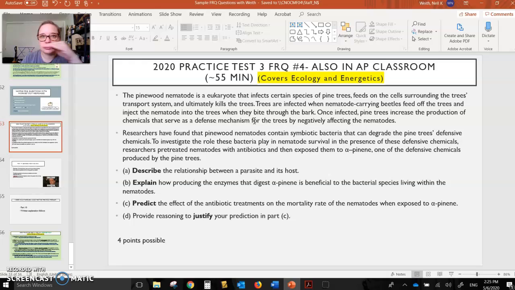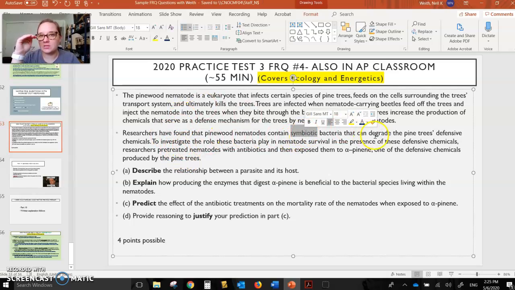So if the worm infects the tree, hurts the tree, the tree's going to make the chemical, but now there are nematodes that have symbiotic bacteria who are helping them, who are producing an enzyme that basically disables that chemical. So the worms have one up on the trees now, and they're breaking down that chemical.